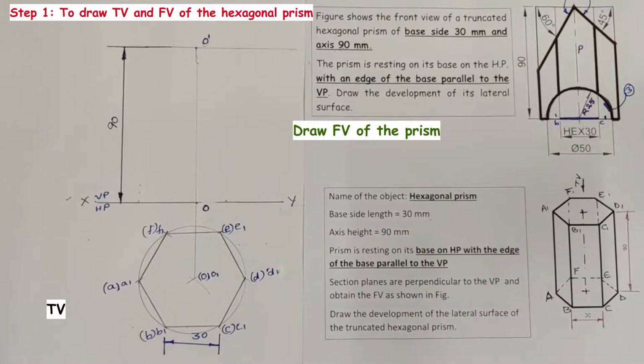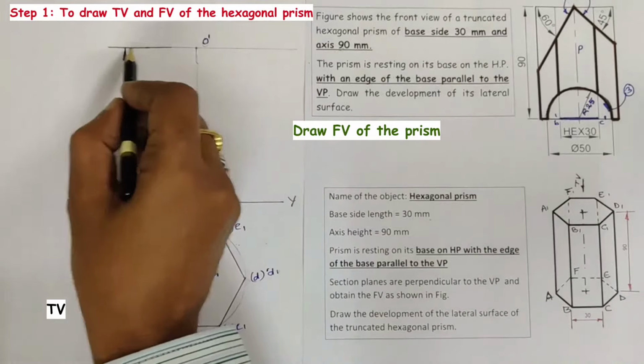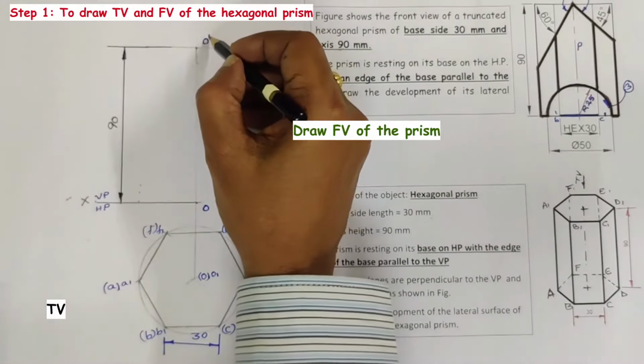After that, draw projectors through the points, say A1, B1, C1, D1, E1 and F1 towards the line drawn parallel to the XY line, passing through the O dash point.